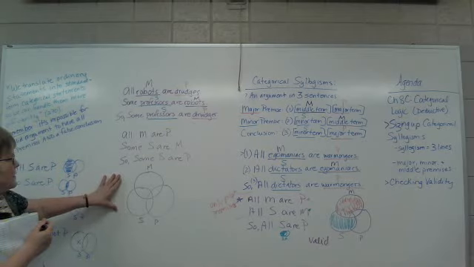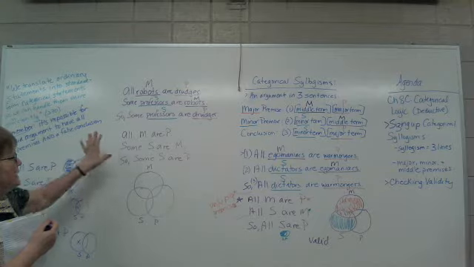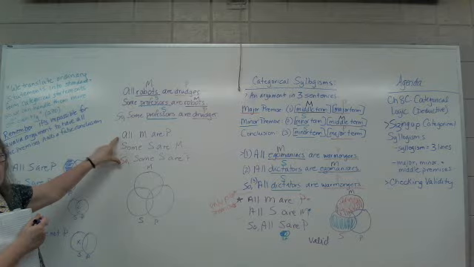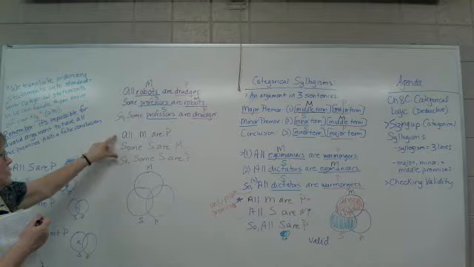Probably better than that, but you know, close. And then if you have a universal, you want to label that first, mark that on the graph first in your premises, because we can't put an X in a shaded area because there's nobody there.